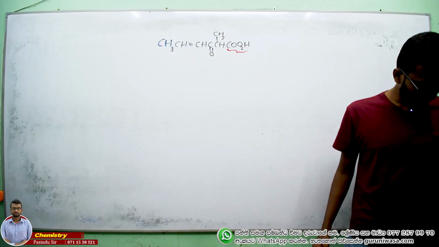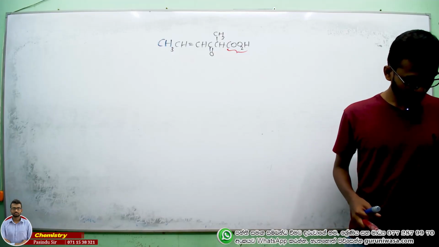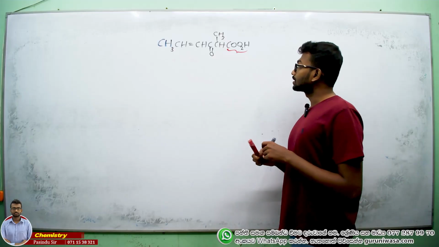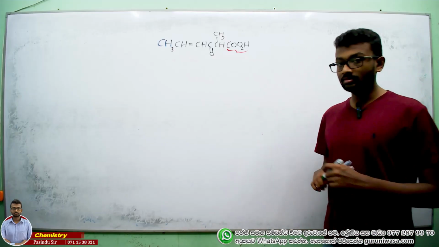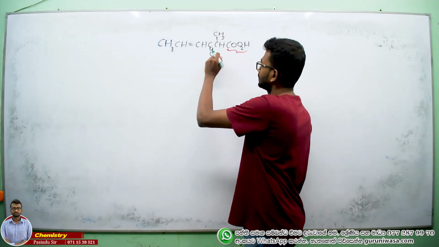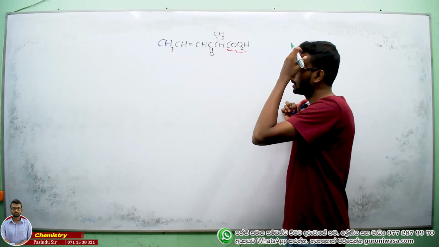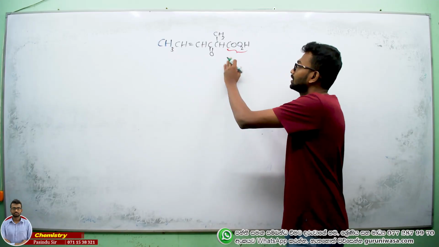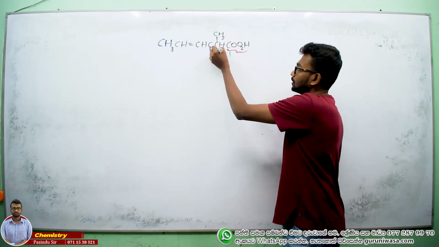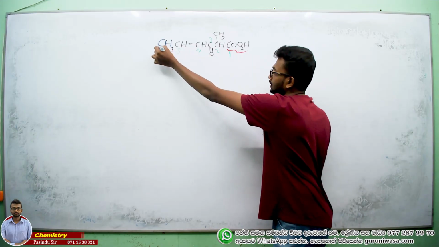Then let's name the carbon chain. We have to give the minimum number to the major group. So we will start from here: 1, 2, 3, 4, 5, 6.